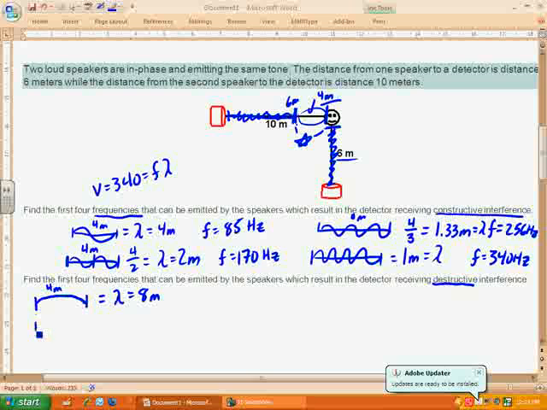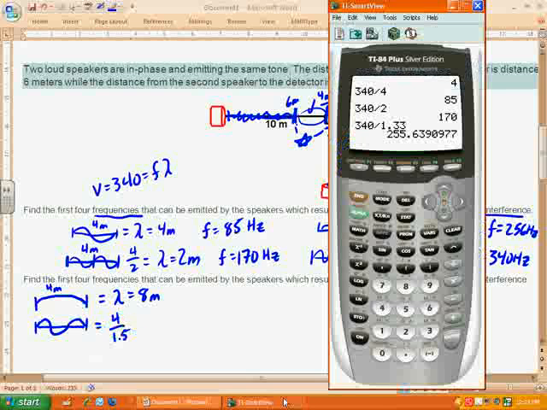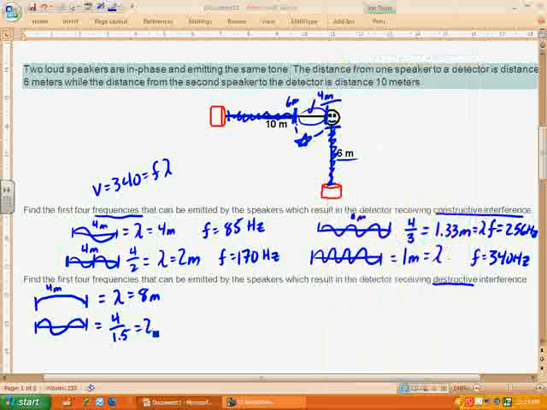Okay, next possibility, I could go through a wave and a half in that 4 meters. So if 4 meters is 1.5 waves, then 2.67 meters is the wavelength. Okay.